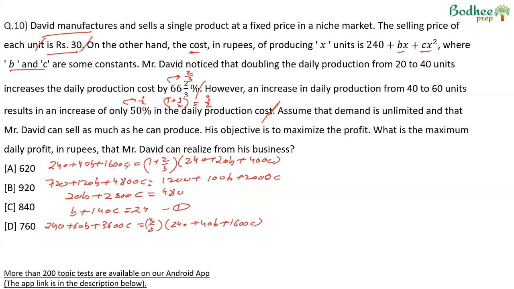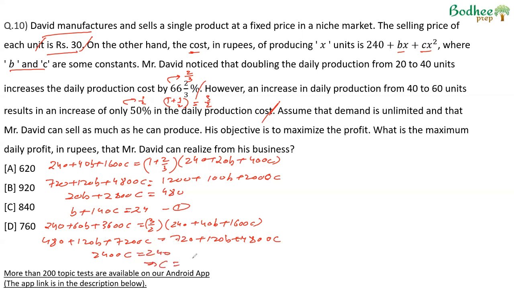Cross multiplying, 480 plus 120B plus 7200C is equal to 720 plus 120B plus 4800C. B and B cancel, 2400C is equal to 720 minus 480, which is 240.